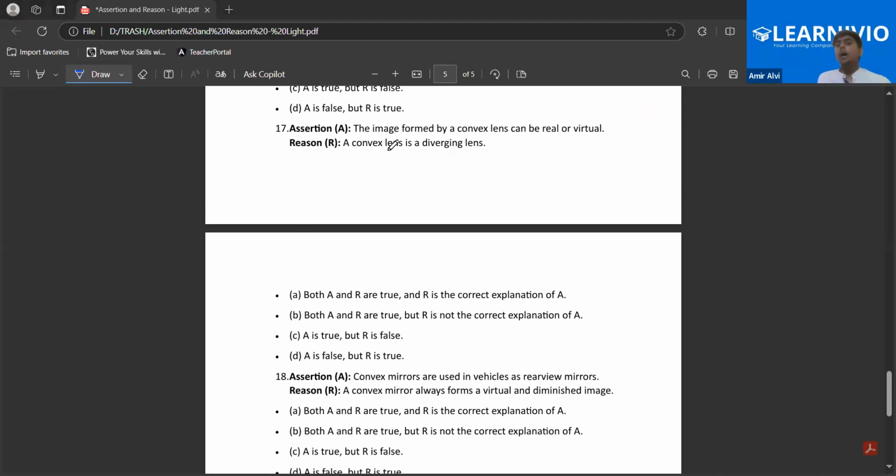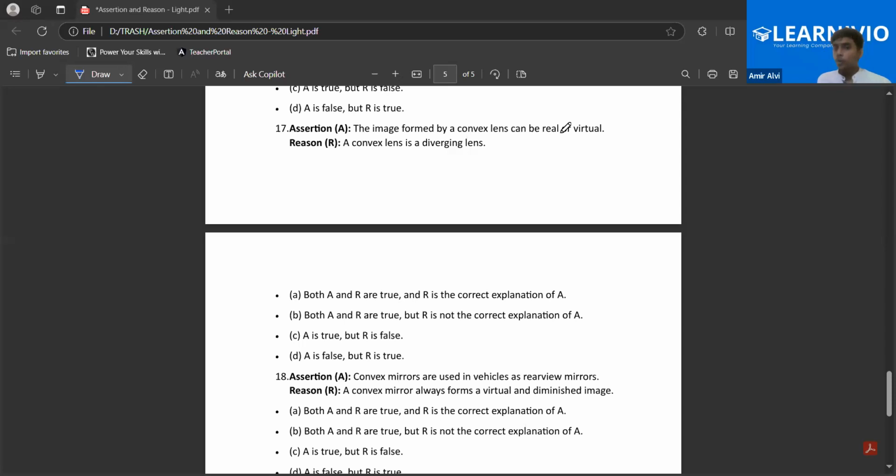Let's see. The image formed by a convex lens can be real or virtual. Yeah, both are true because when the object is placed between the optical center and focus, the image could be virtual. But apart from that, Maha, no need to change the answer. Yeah, I know you got there. That's why I was continuously saying, please read these statements carefully. Okay? Sometimes it happens, no problem.